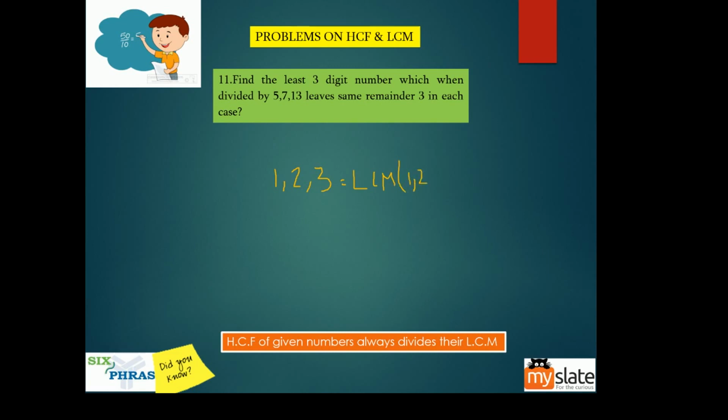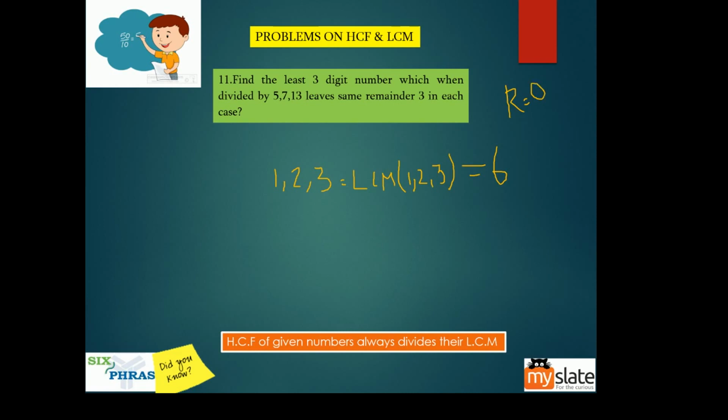What is the LCM of 1, 2, 3? It is 6. So 6 is the least number which is divisible by 1, 2, 3. What does divisible by mean? It means the remainder is 0. Yes, guys. It means the remainder is 0.